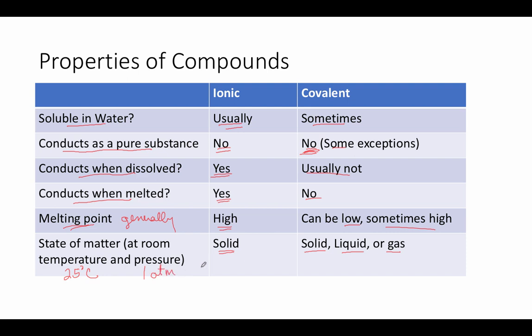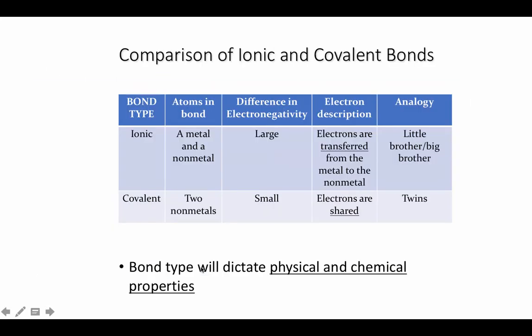Now let's look a little bit more in detail at some of these things. Quick review of what we know so far about the bonding of ionic and covalent compounds. Remember, an ionic compound is a bond between a metal and a nonmetal. Metals have low electronegativity, meaning they don't hold their outside electrons very tightly to themselves.